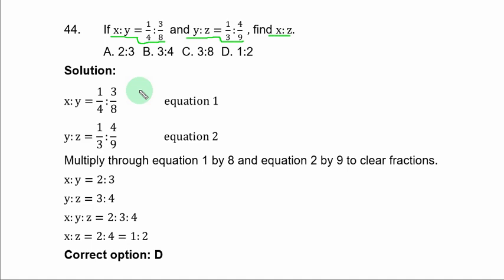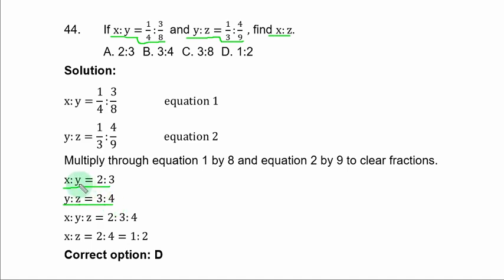In equation 1, you multiply through by 8 to clear fractions, and equation 2, multiply through by 9 to clear fractions. So you have S ratio Y is equal to 2 ratio 3 after 8 might have multiplied through. Then equation 2 becomes Y ratio Z equal to 3 ratio 4.